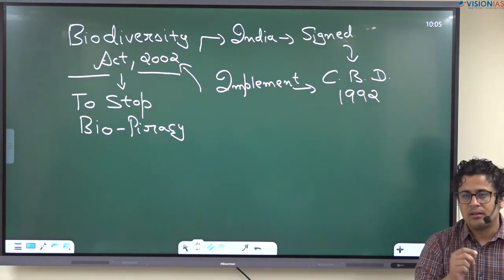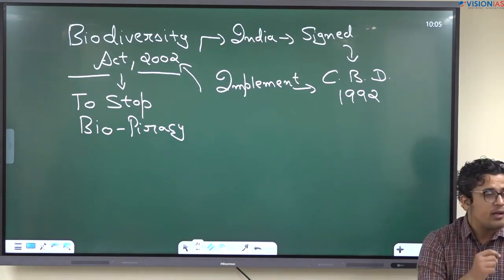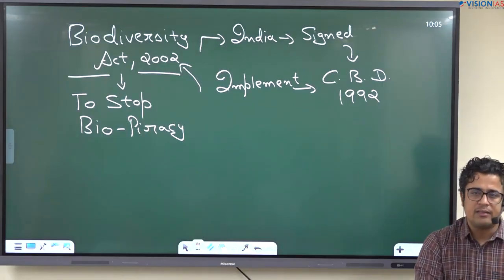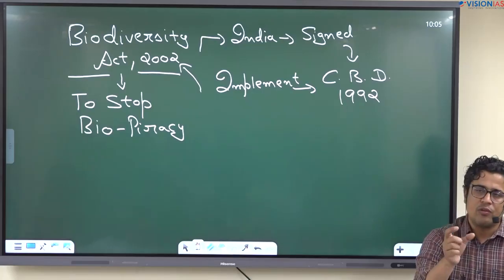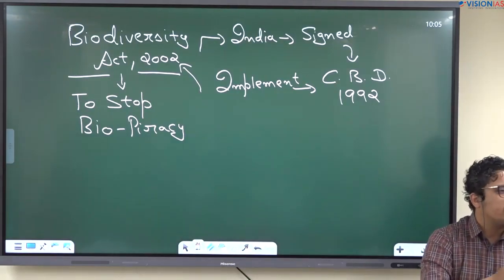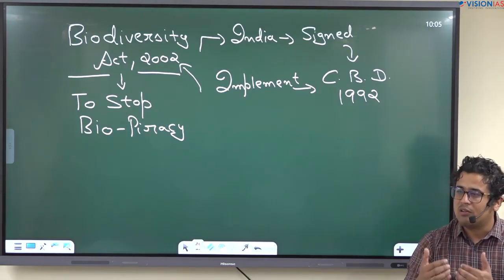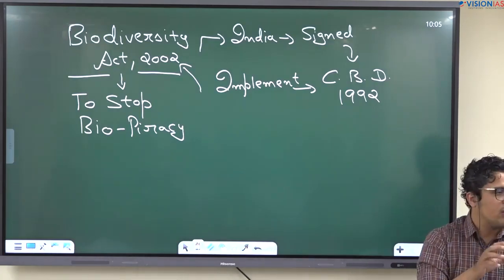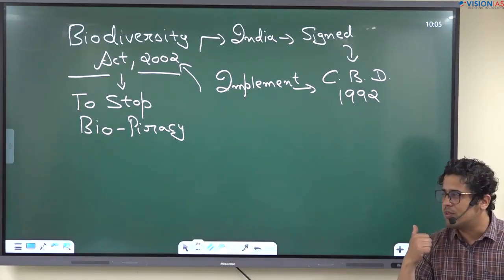Second case, basmati rice. Many varieties of basmati rice are grown in India. In the 90s, a US company claimed that one of the varieties of basmati rice is their invention. They applied for the patent. India objected, but India lost the case. So the copyright of that basmati rice variety went to that US company.